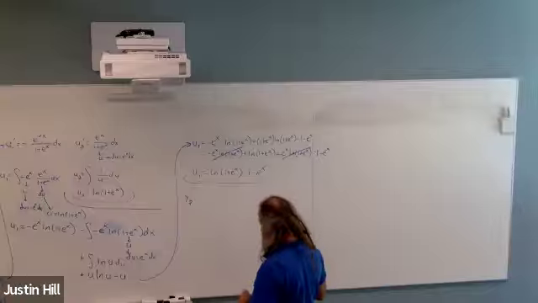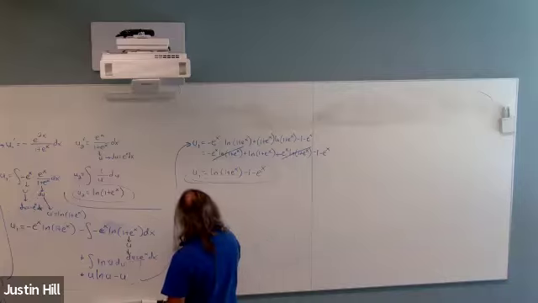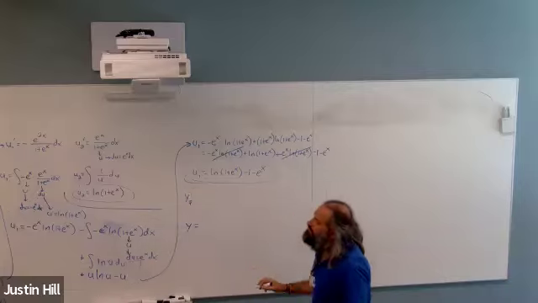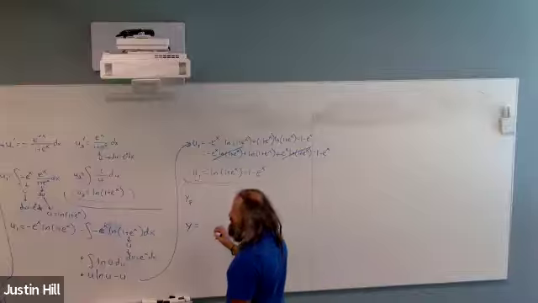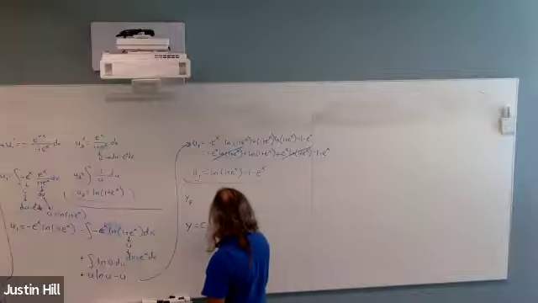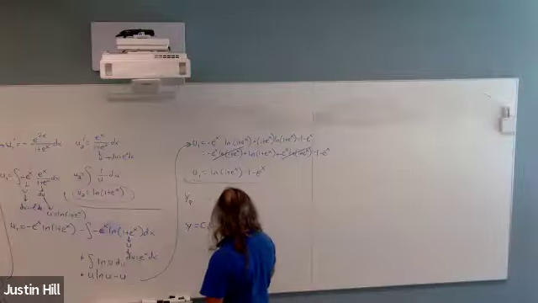So really quick, because I would feel weird if I didn't write the completion on this. It'd be c1 e to the negative 2x plus c2 e to the negative x.